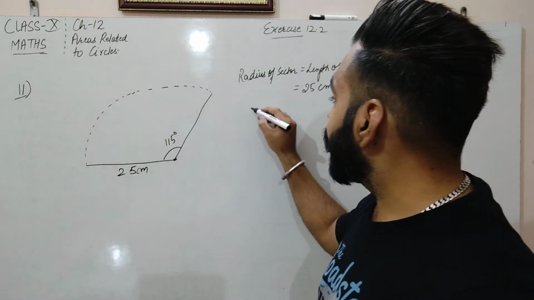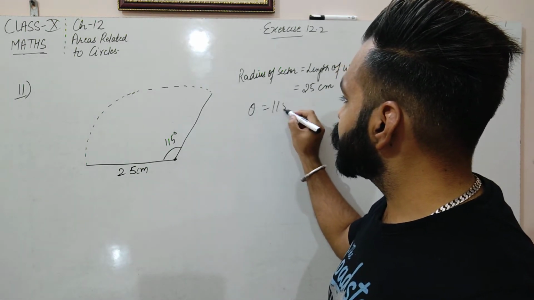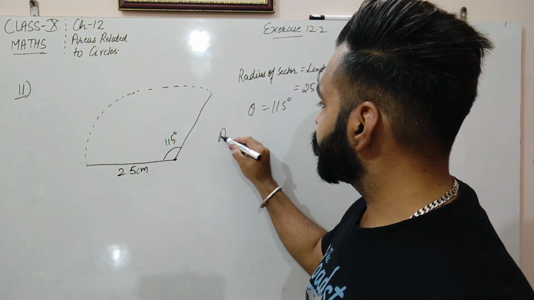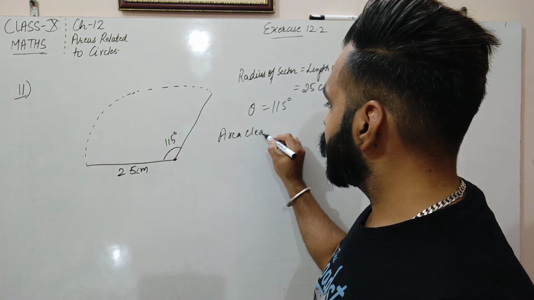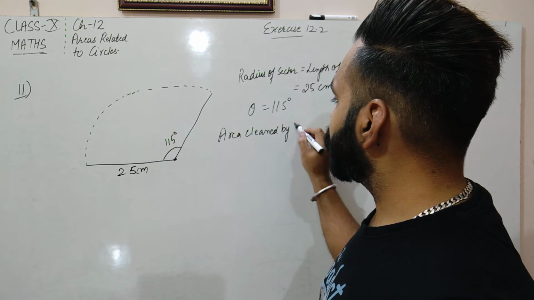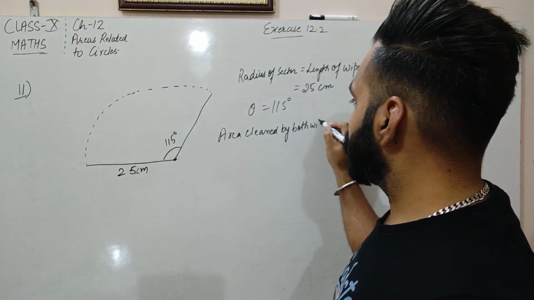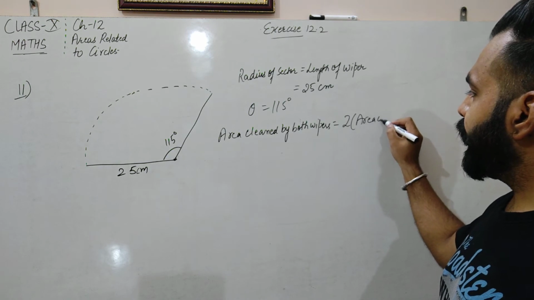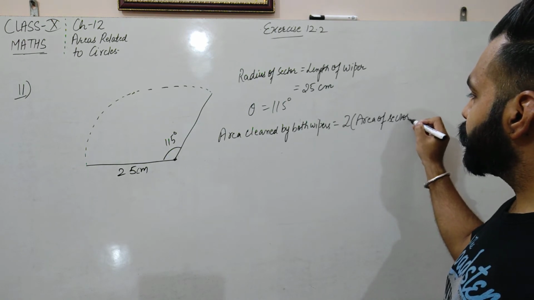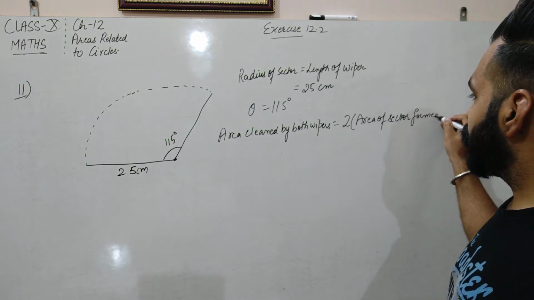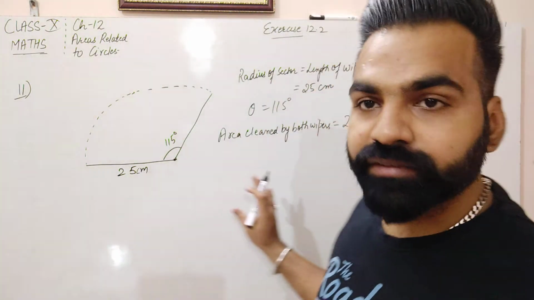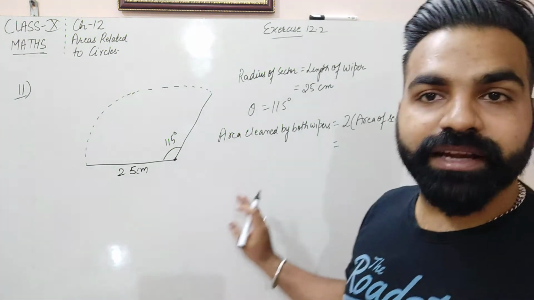And the theta angle will be equal to 115 degree. So area cleaned by both wipers will be equal to 2 times area of sector formed, because radius is same, the angle is same, so the area will also be the same, so we can multiply it by 2.